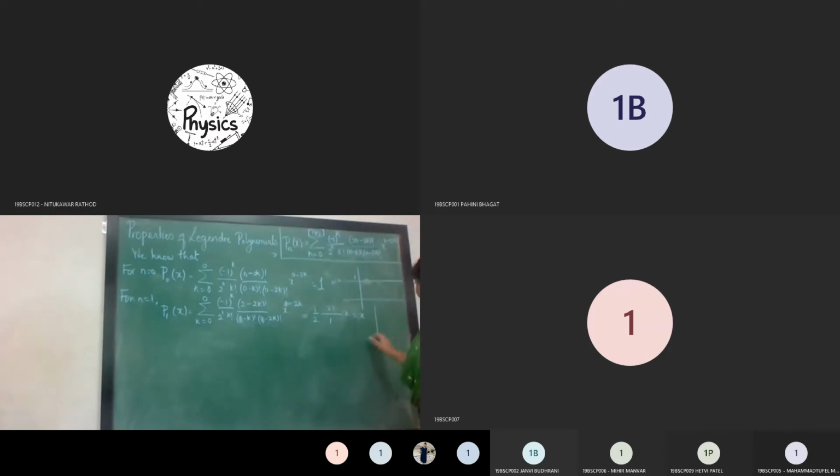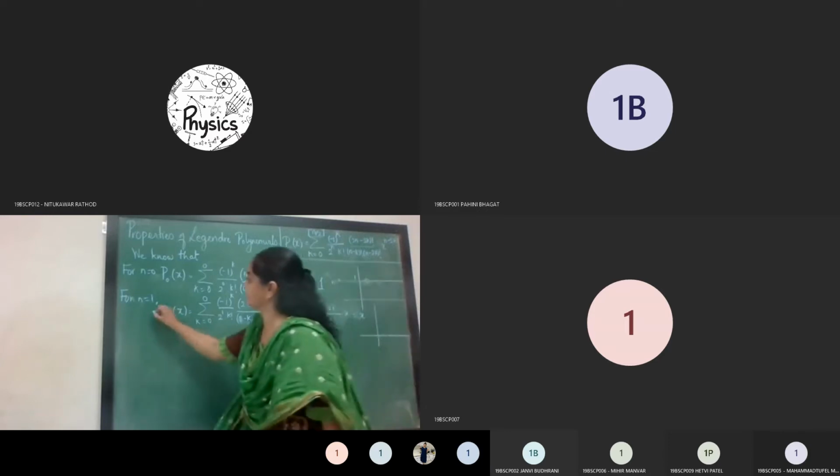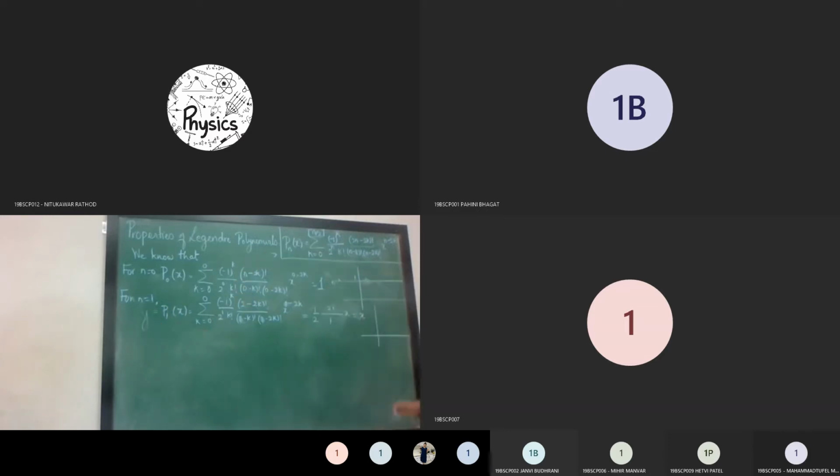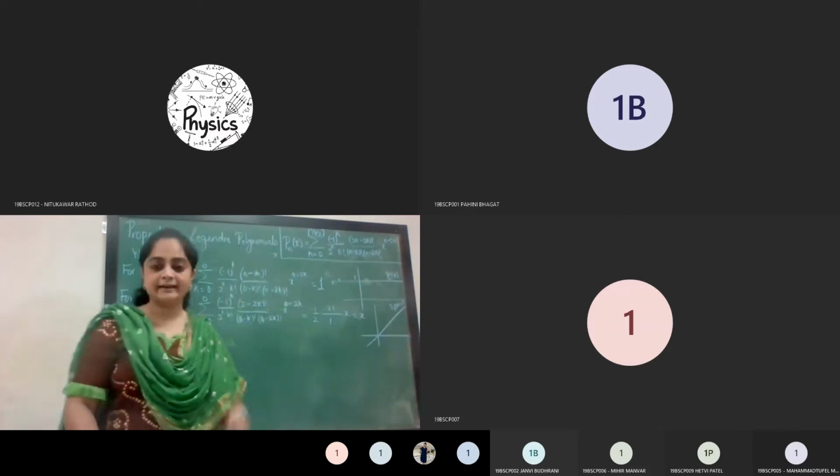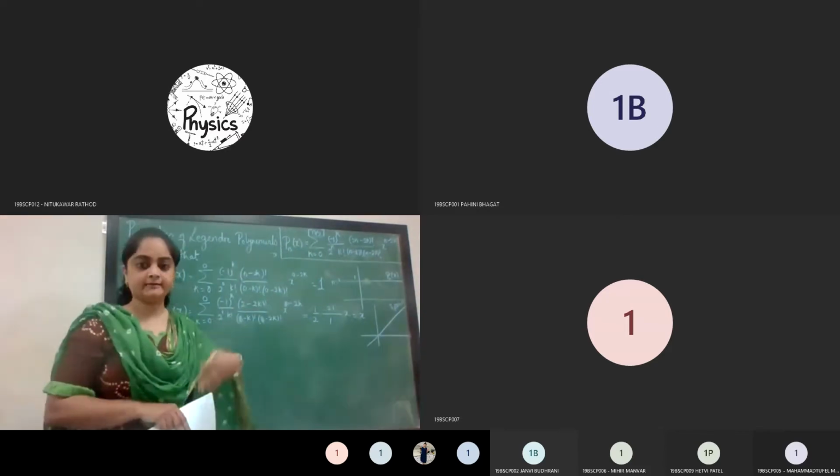If you see, P1 of x is equal to x, that means this is the function y. So when n is equal to 1, it will represent the straight line passing through origin. This was the P0x, and this is the P1x. That is P1 of x is nothing but x. Y is equal to x, a straight line passing through origin with the inclined angle 45 degree, right?